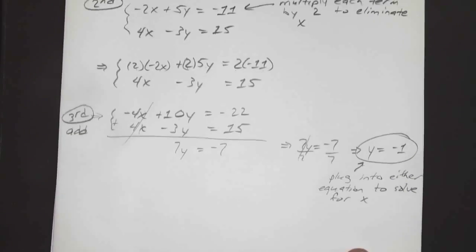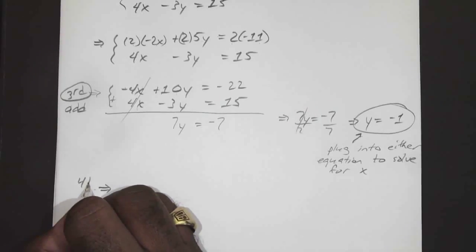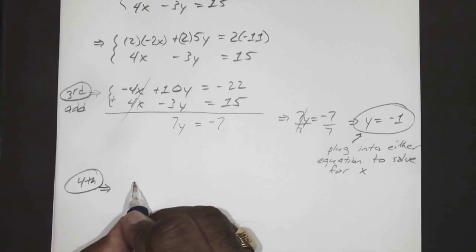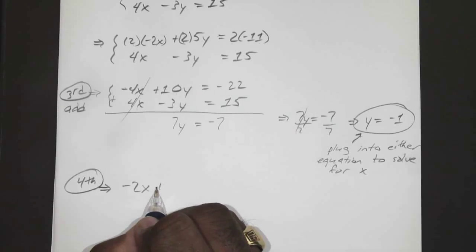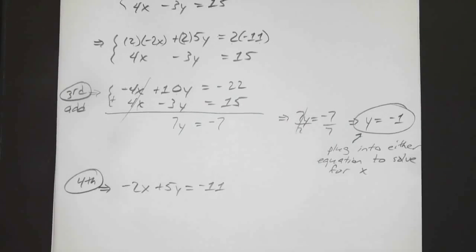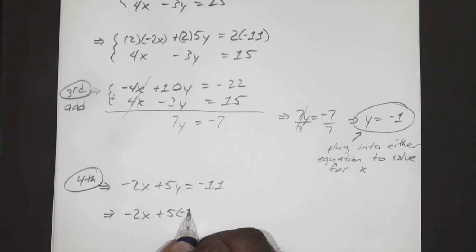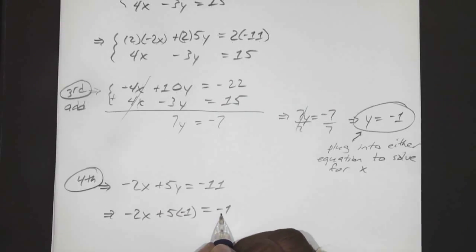So plug it into negative 2x plus 5y equals negative 11. We know that y is equal to negative 1, so that's negative 2x plus 5 times negative 1 equals negative 11.